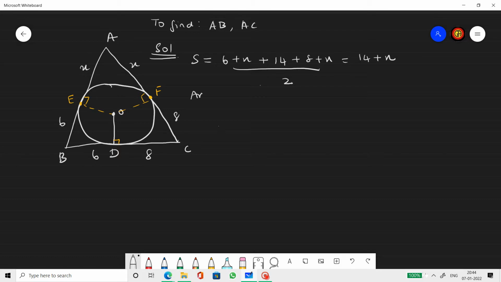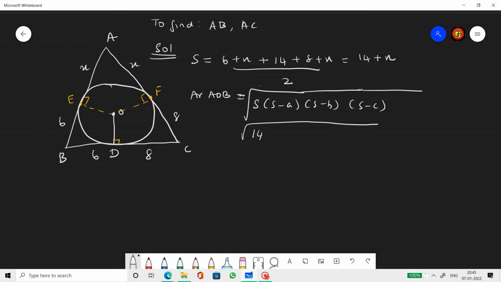So area of ABC equals root over S times S minus A into S minus B into S minus C, S being the semi-perimeter, and S minus A is S subtracted by each side. The sides being 6 plus X, 8 plus X and 6 plus 8.